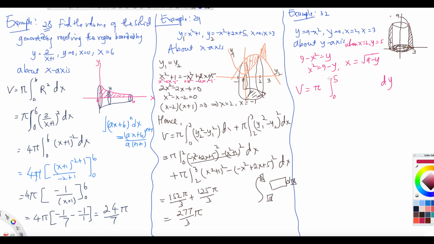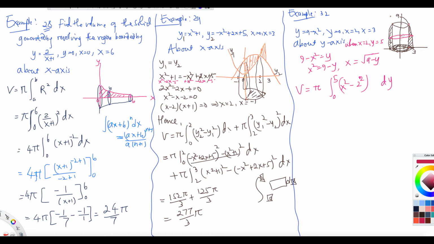Okay, 0 to 5, and then you will be doing x squared minus 2 squared. Why x squared minus 2 squared? Because if you pick a random disk, for the outside disk, the x coordinate of that curve is the radius.